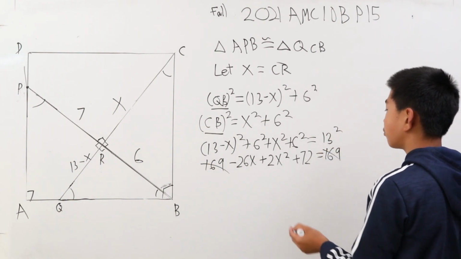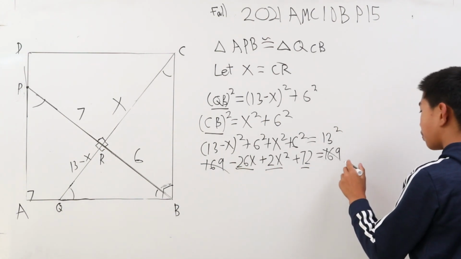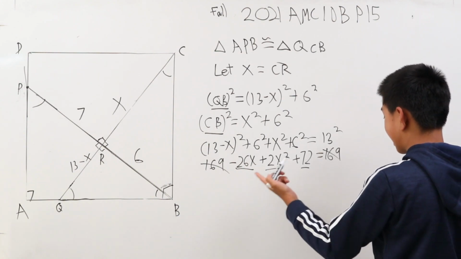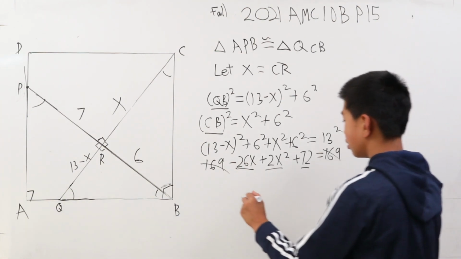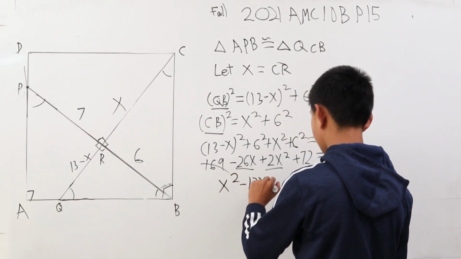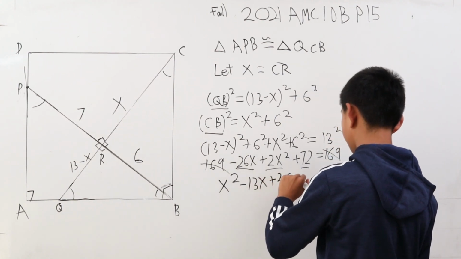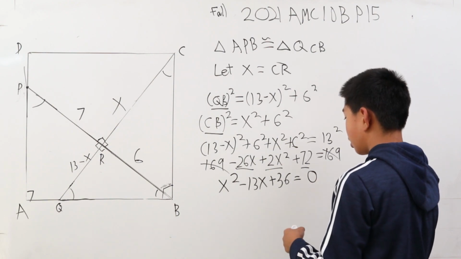Now what we're left with is 2x squared plus 72 minus 26x. This is supposed to now equal 0 because we canceled those out. We can divide all sides by 2, so we get x squared minus 13x plus 36 equals 0. That's our formula here.